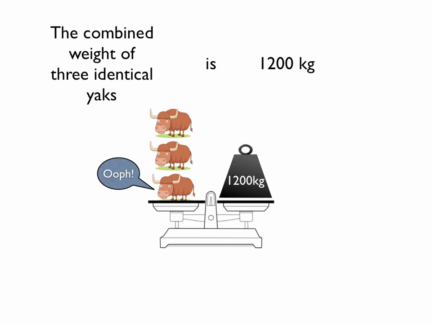From looking at this balance scale, you could quickly tell how much each yak would have to weigh in order to make this balance. If 3 yaks equals 1,200 kilograms, you can figure out in your mind how much each one yak must weigh. We could turn this into an expression with a variable again by saying 3y equals 1,200, and we could solve this for y by dividing both sides by 3.